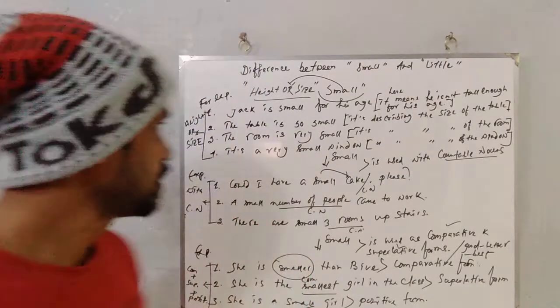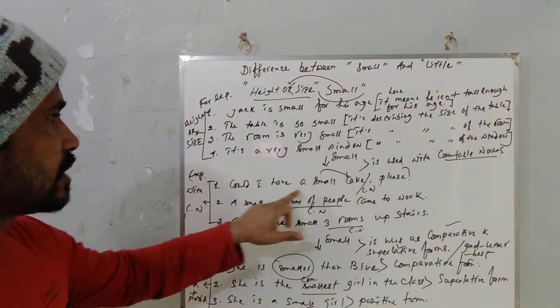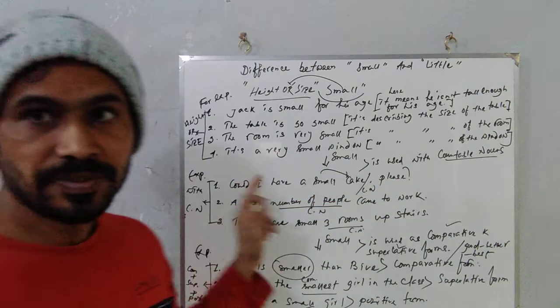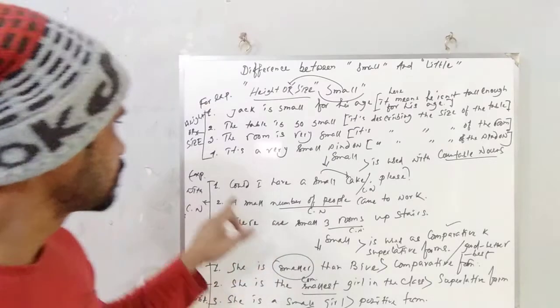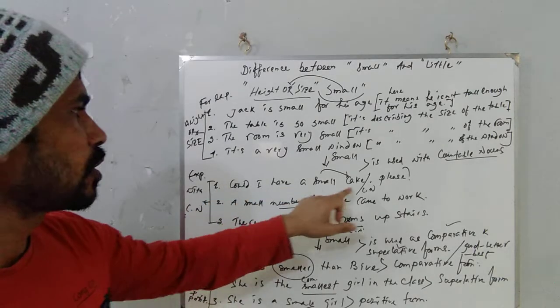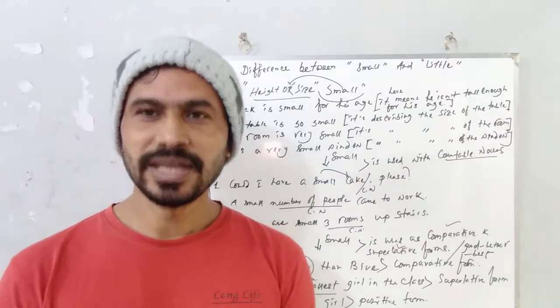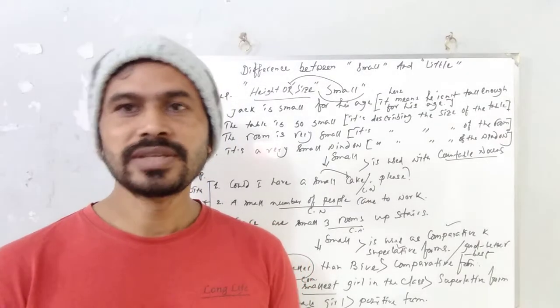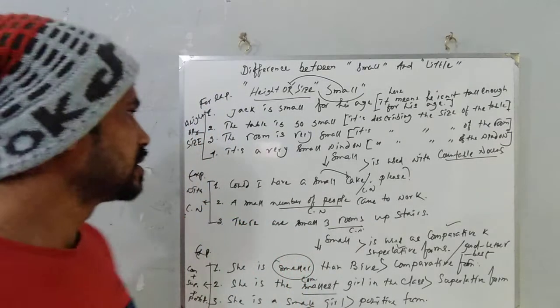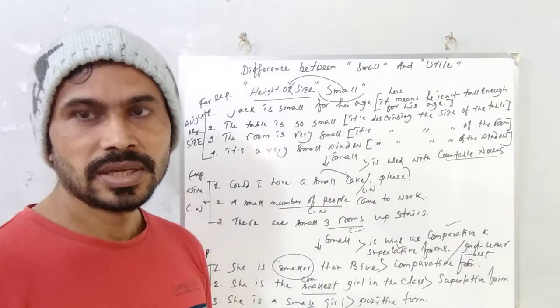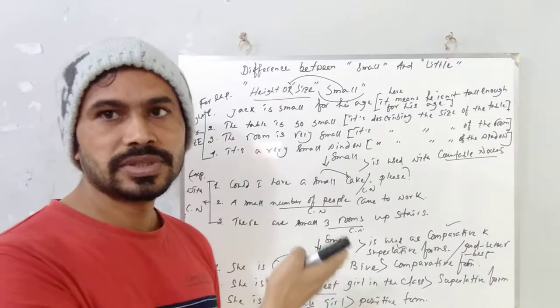Here you can see, could I have a small cake, please? I repeat this sentence. Could I have a small cake, please? Cake, you can count cake. That's why cake is a countable noun, and before it we use small. Small here is an adjective.